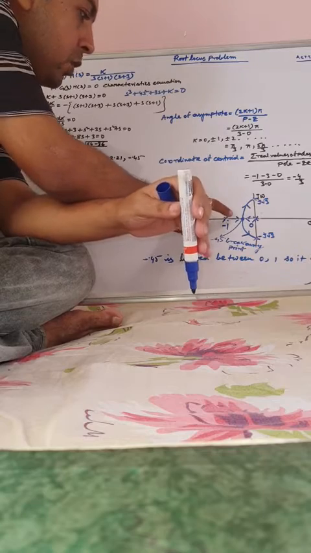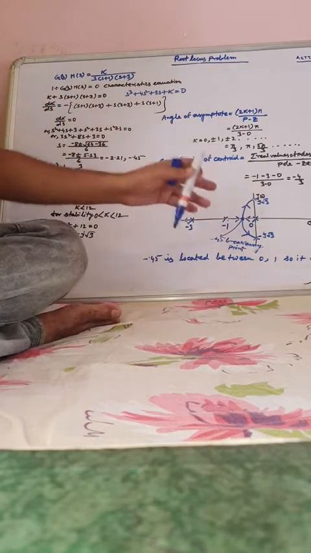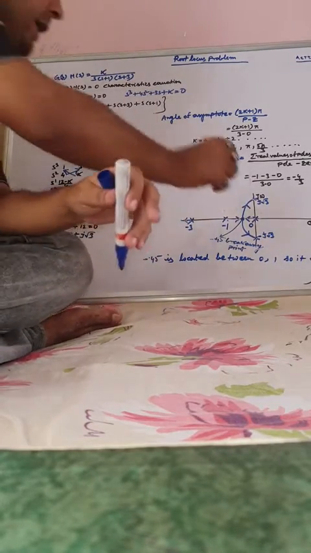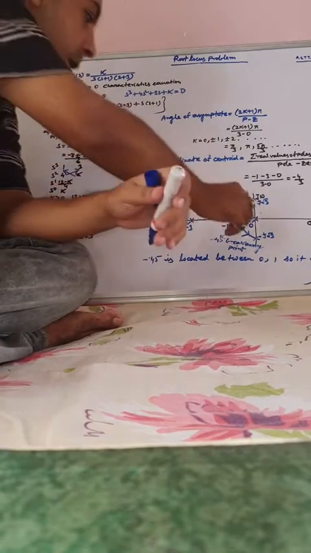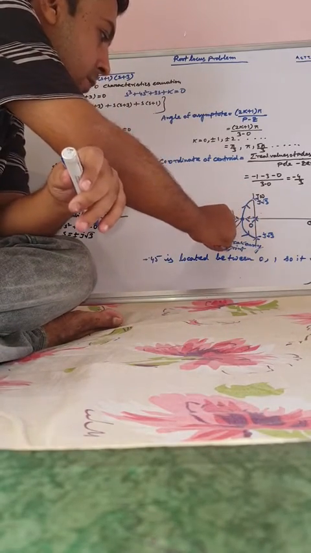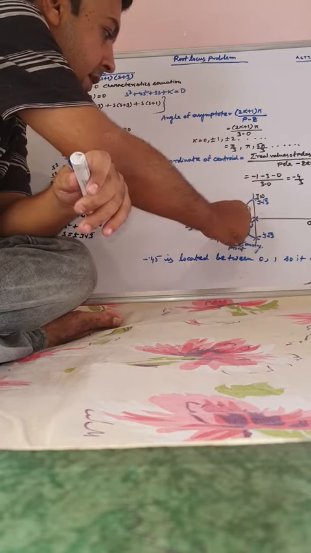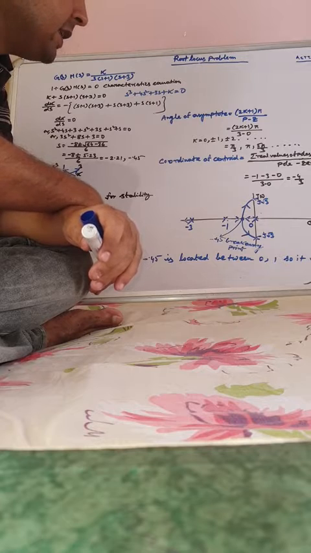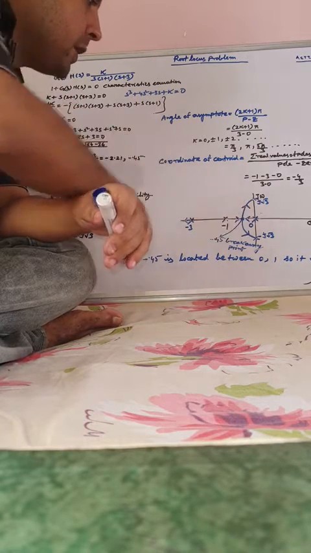So these two root locus branches on the real axis are meeting at a point which is located between minus 1 and minus 0. Look carefully.